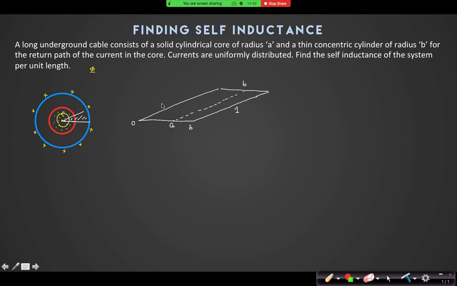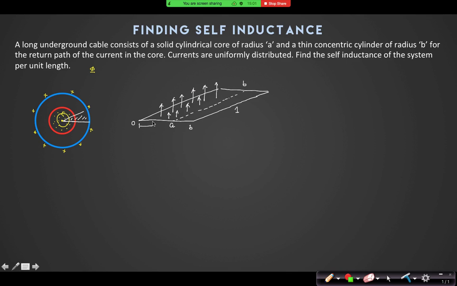So from 0 to a, what is the magnetic field? It depends on the radius r that I can find from Ampere's law. Yes or no? Right?